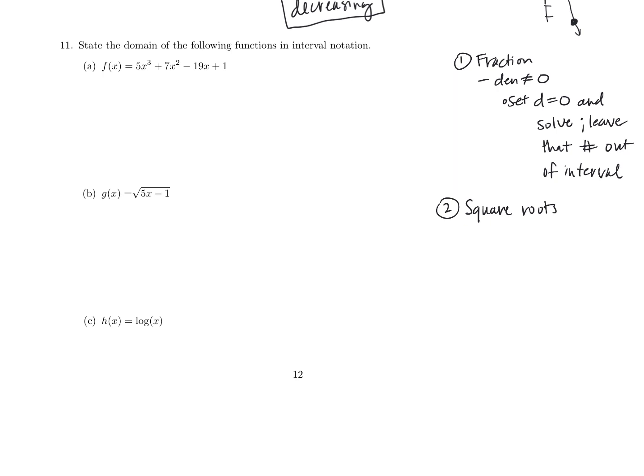So here, you're going to take whatever is under the radical and it has to be greater than or equal to 0. So it can be 0, it just can't be negative. Then you're going to solve that, and write the answer in interval notation.